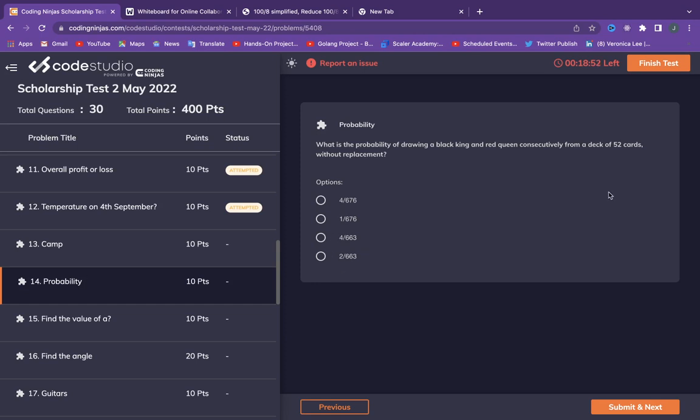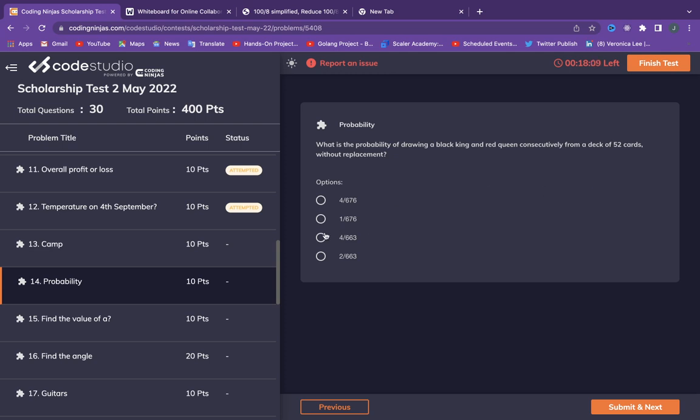What the heck? What is this? There is no option of 1 divided by 663.